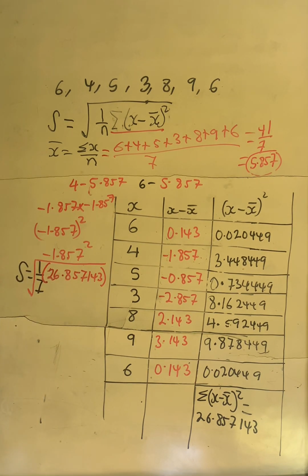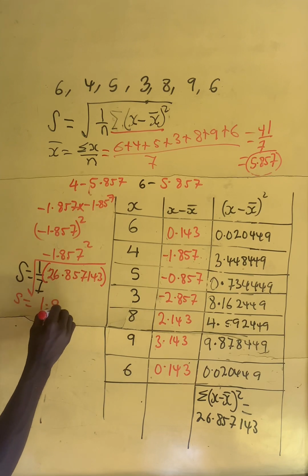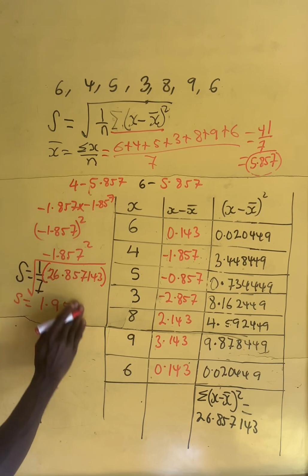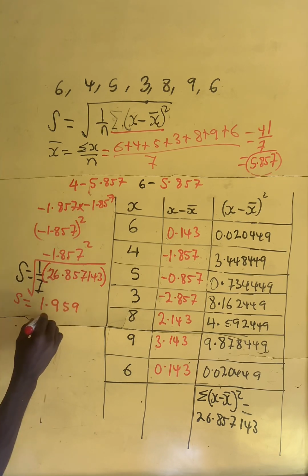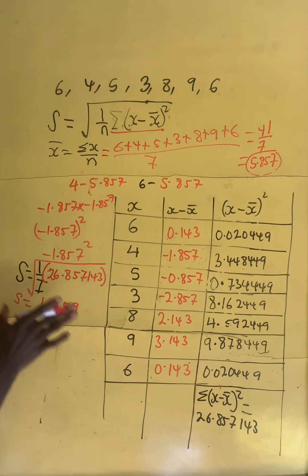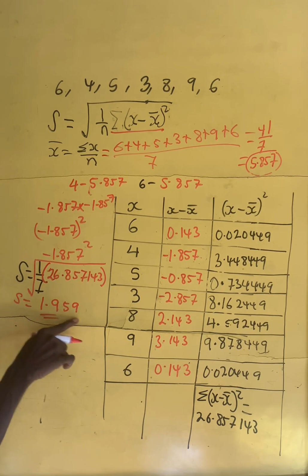In a very simple way, if we punch this on the calculator, we are going to get our standard deviation as 1.959 to 4 significant figures or to 3 decimal places.